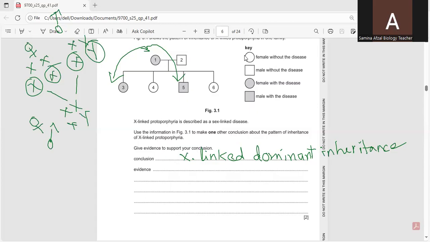I would like to write that sons inherit their X chromosomes from their mother.